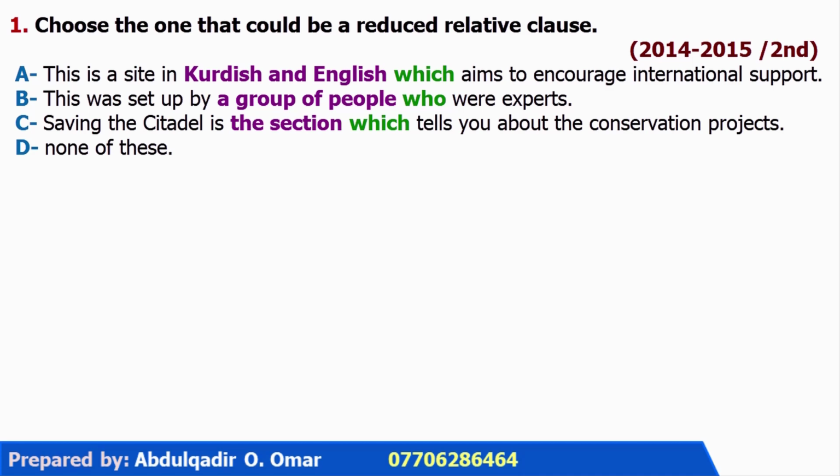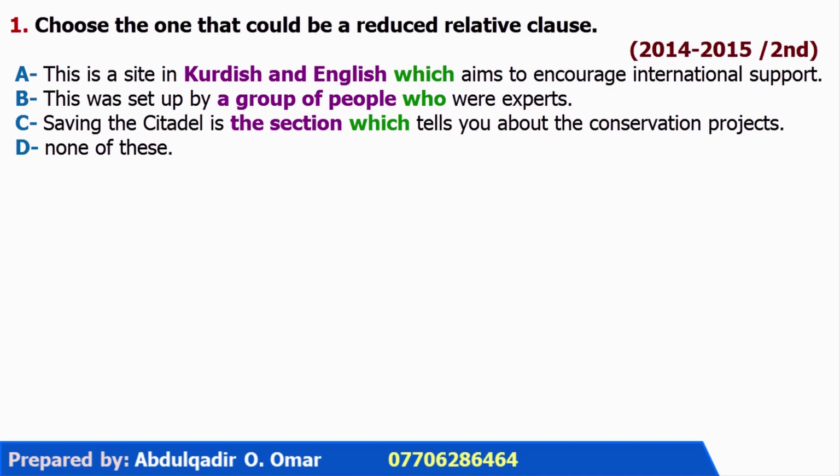For example, an agreement between Kurdish and English with the relative pronoun which, a group of people with who, the section with which. Luckily, here they all get along, which means there is an agreement between all of them.